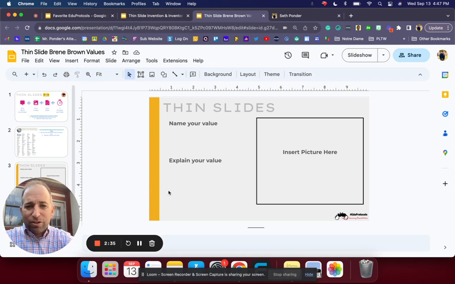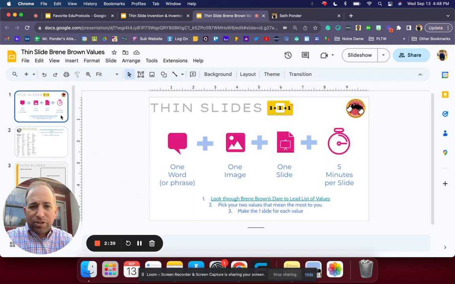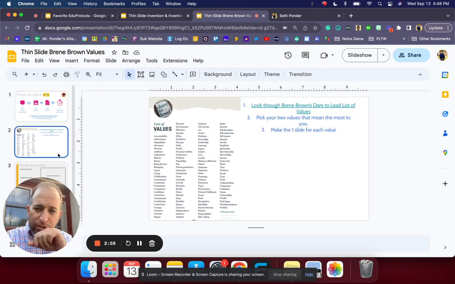Another class, look at this. This looks like the exact same directions, but what we did was in another class, this activity can be used in like an advisory or a homeroom. I did this in our engineering design class or capstone class. So I introduced them to Brené Brown. Pretty much the same recipe, but directions are right here and the directions are also right there.